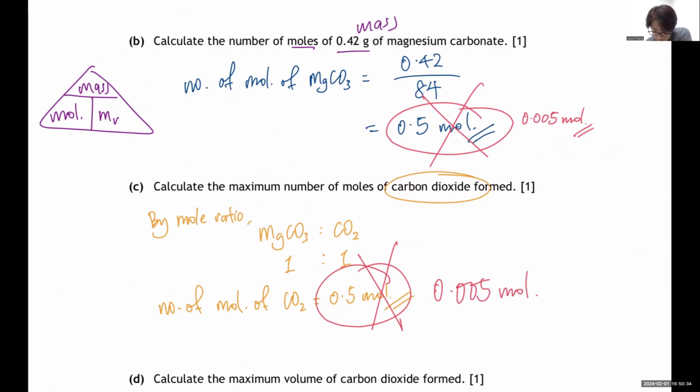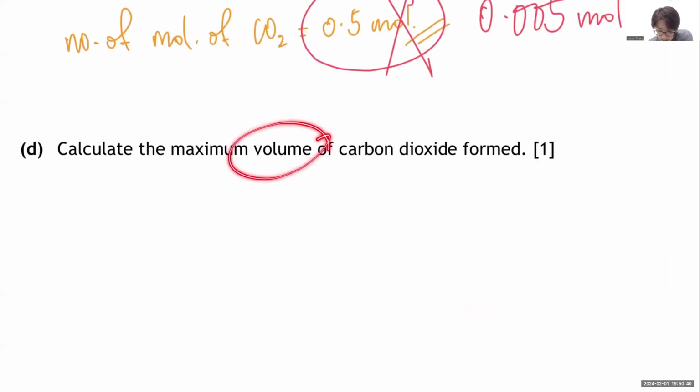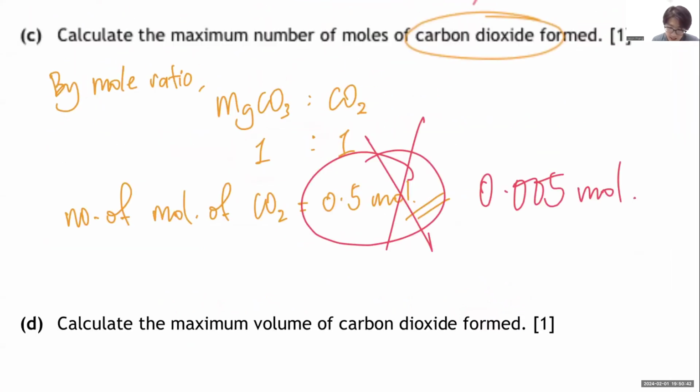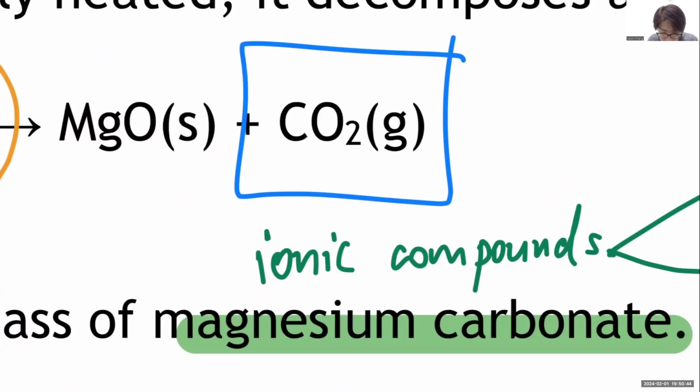Okay, so now that we have arrived at our correct number of moles, 0.005, we want volume of carbon dioxide. Now, carbon dioxide exists naturally as a gas. This is where the easiest trick comes into play.